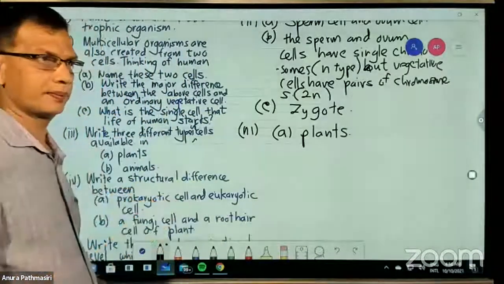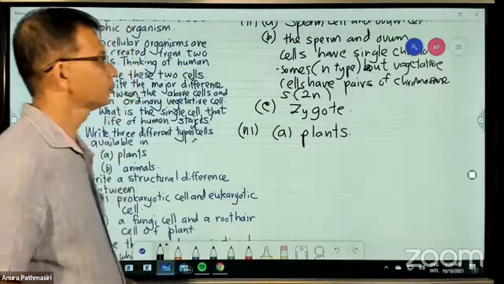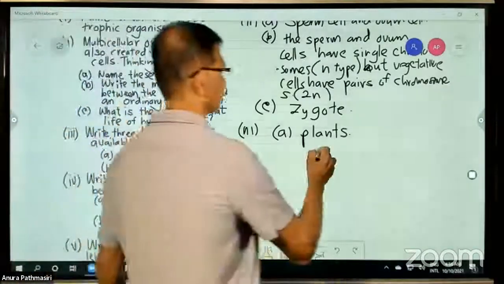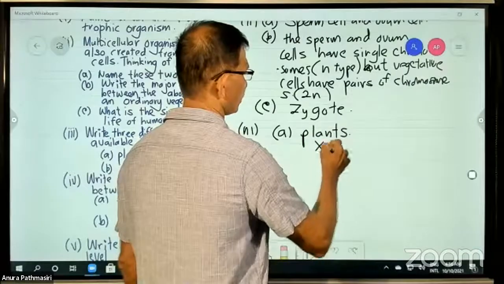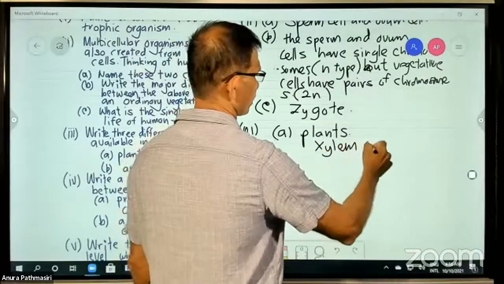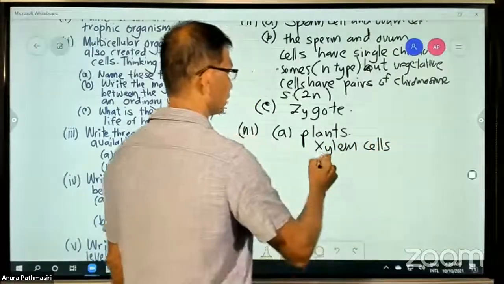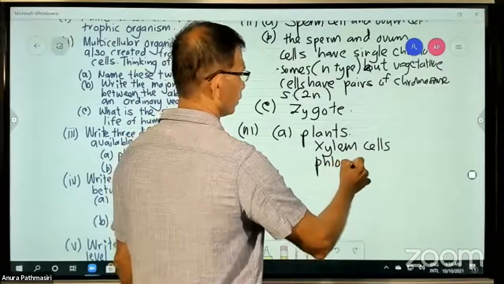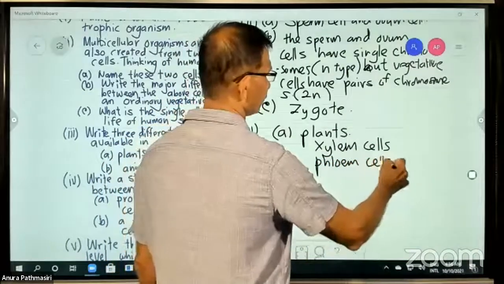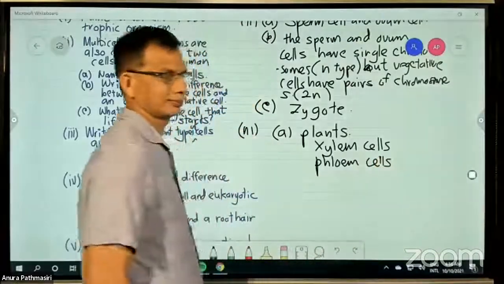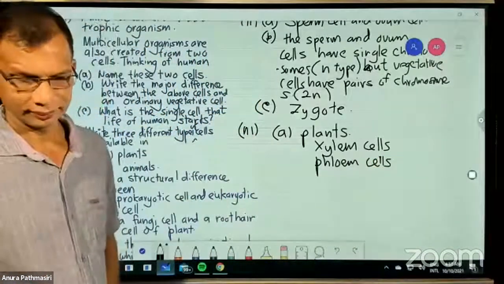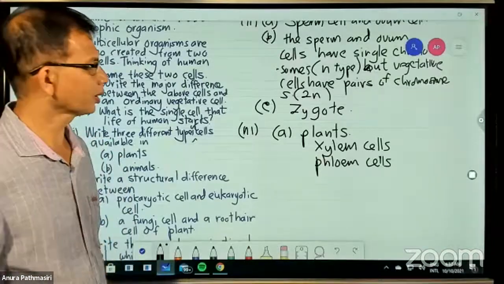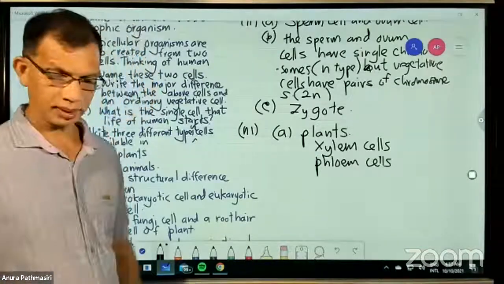Let me see. Xylem cell, sir. Xylem cell. Then the other one is also there. Phloem cell. And the other one? Epidermal cell. You can say guard cell, right?